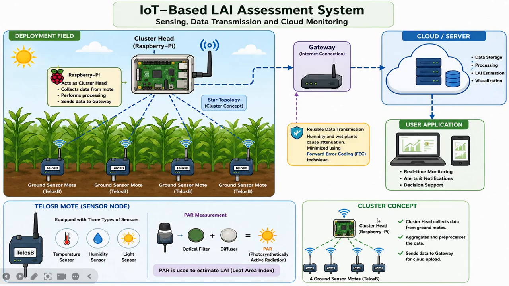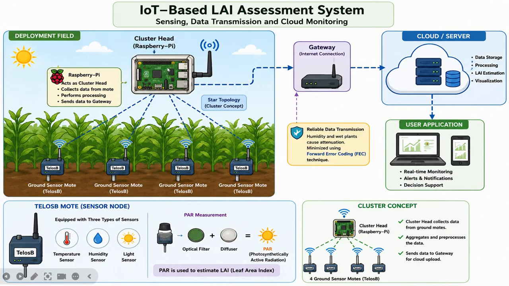The system follows a cluster based architecture where you have 4 TelosB sensor nodes, that is the ground sensor nodes, communicating wirelessly with a Raspberry Pi which acts as the cluster head.